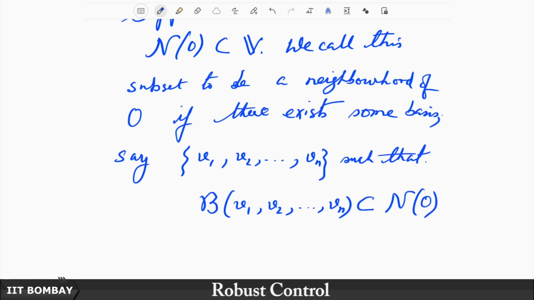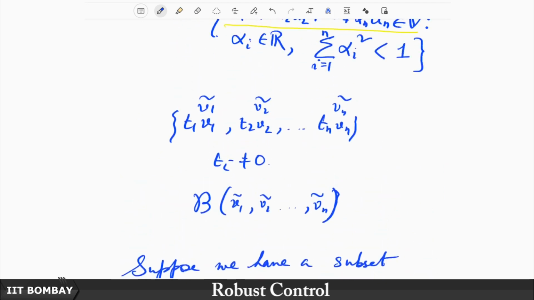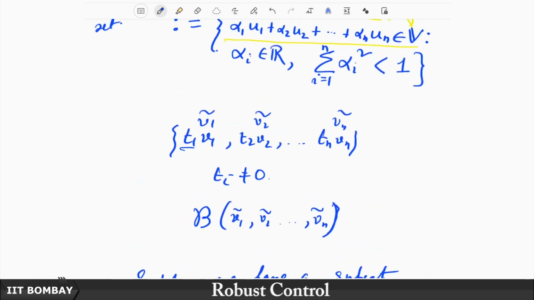Essentially what I am saying is, you choose any V1, V2, V3, Vn, and keep scaling it down by some common factor, say t. Like here we have scaled each of them by different factors, t1, t2, tn, but let us say you scale them all by the same factor t. Then each element in the basis set has its norm reduced. So if t is very small, the norm of t v1 is much smaller than the norm of v1. Similarly, the norm of t v2 is much smaller than the norm of v2.